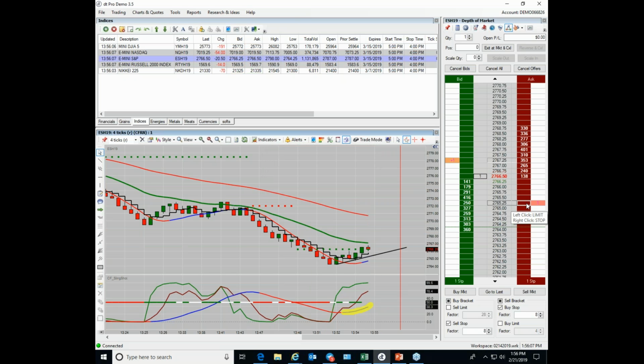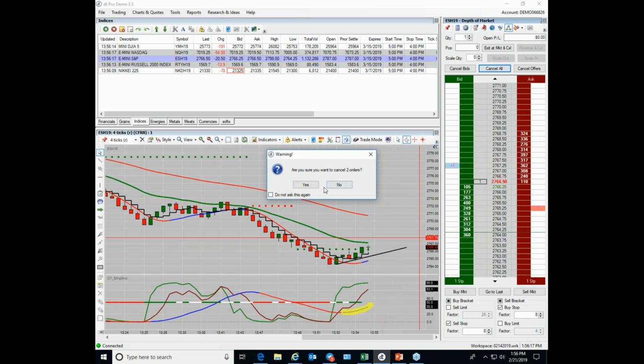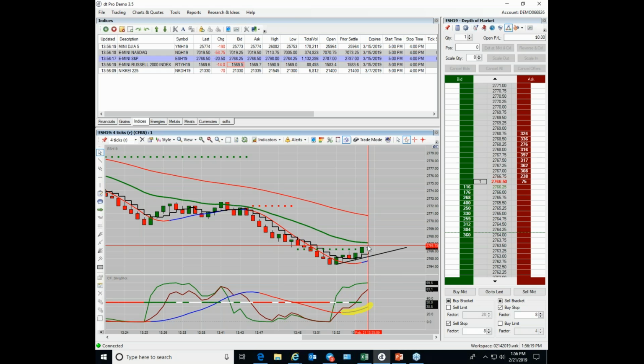Right click at 65.25. Okay, it made a new high, so let's adjust everything again to go through the practice. The high is 66.75. The low is going to have to be 65.75.